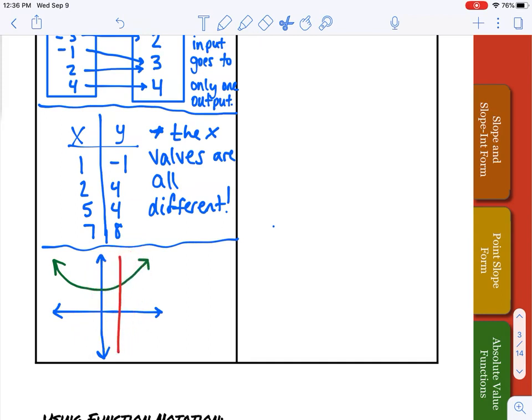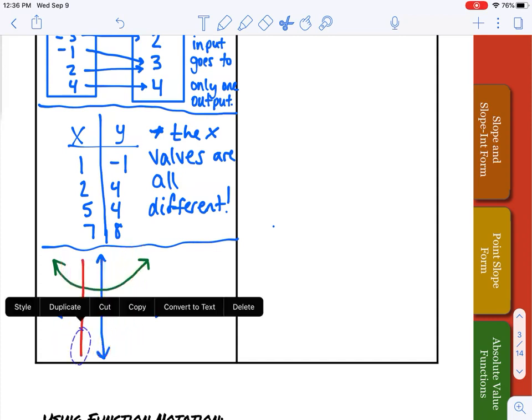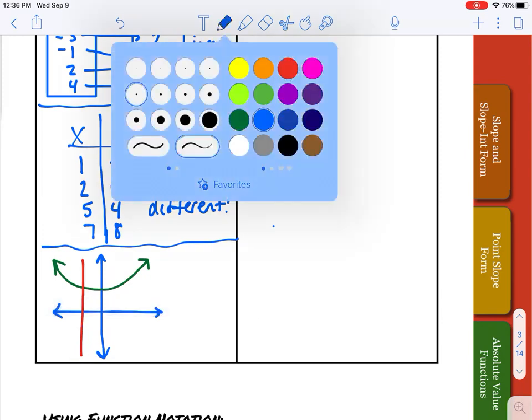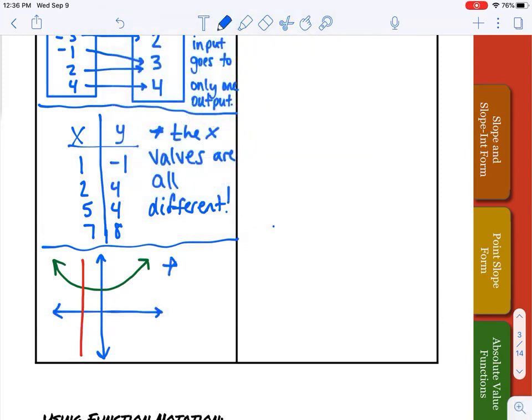So you'll notice it only crosses the green graph one point at a time. So this graph passes the vertical line test. So we have a function. It must pass to have a function.